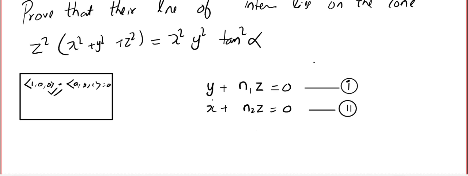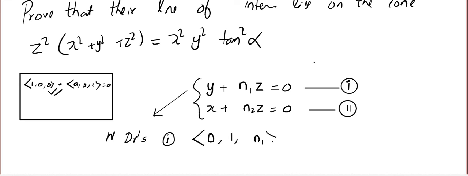Now, what is given about the angle between them? Remember, this represents thousands and thousands of planes, but the angle between them is alpha. So let's look at this. Direction ratios of the normal of plane 1: 0, 1, n1.